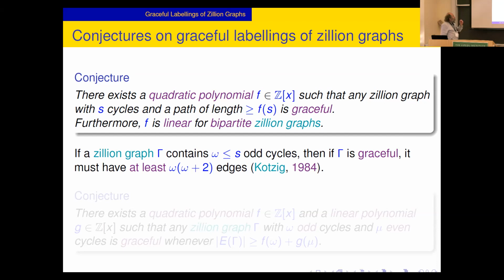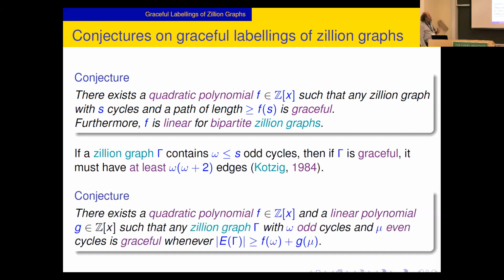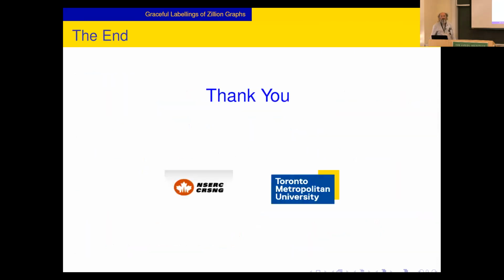Okay, so that supports the conjecture. It says you can't do any better than quadratic. It's not going to be any less than quadratic. And then the final conjecture is that basically it's quadratic in the number of odd cycles and linear in the number of even cycles. And thank you.